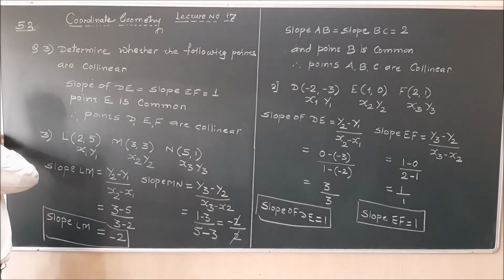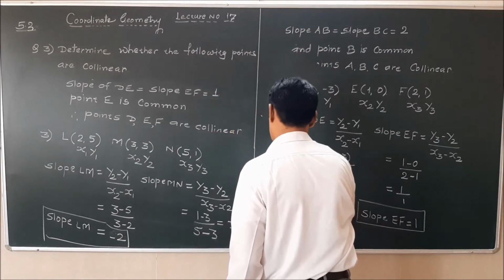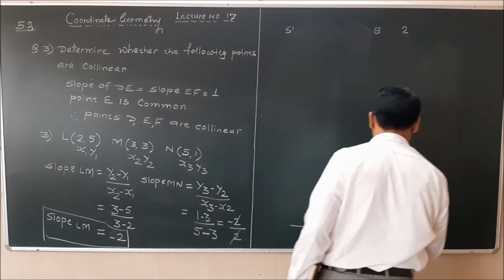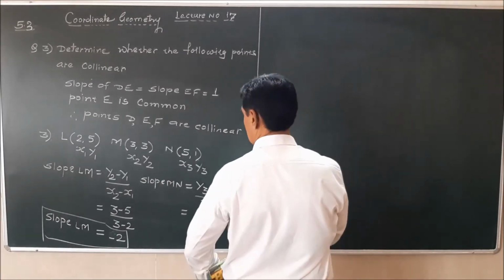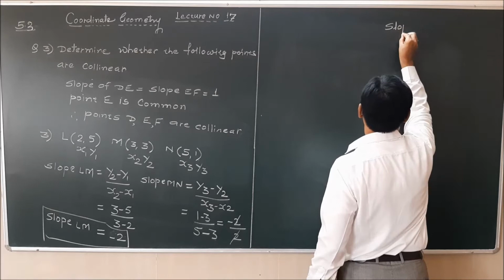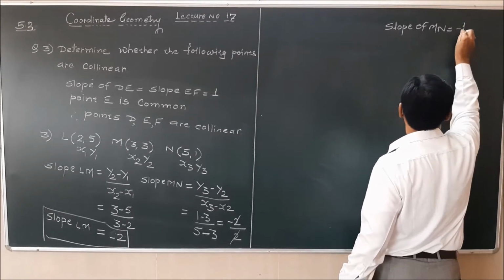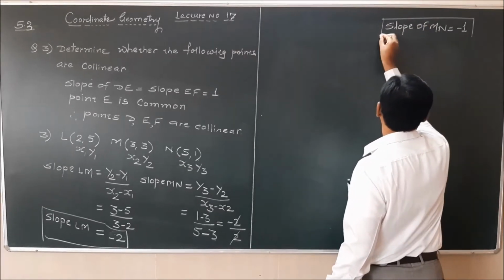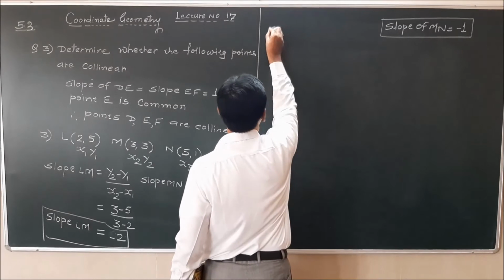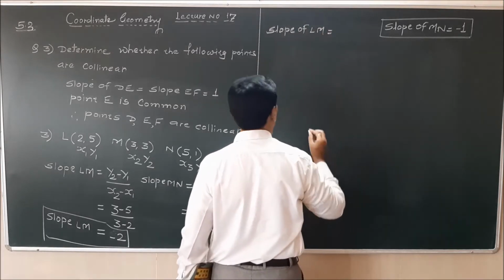So please see here the next one. Slope of MN is minus 1. Slope of LM is equal to minus 2.